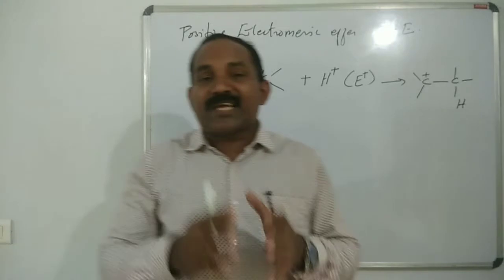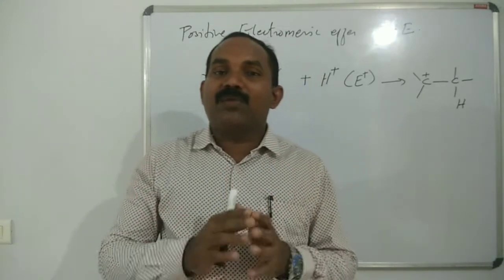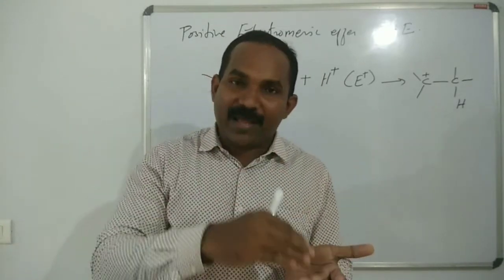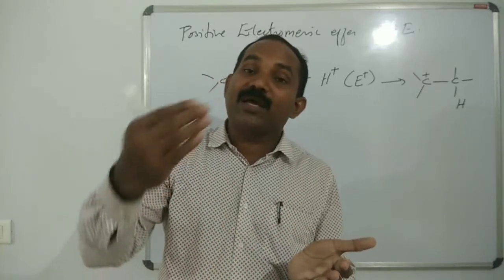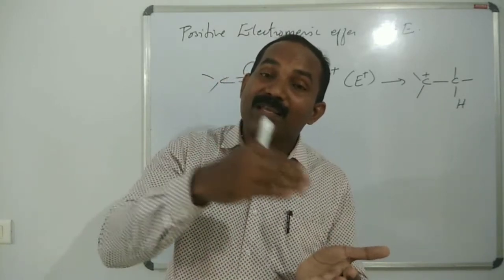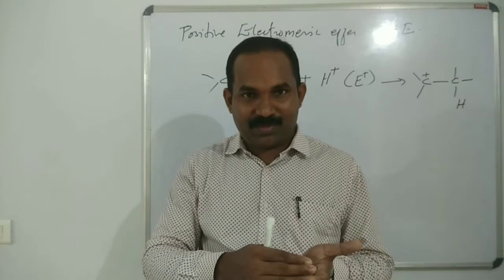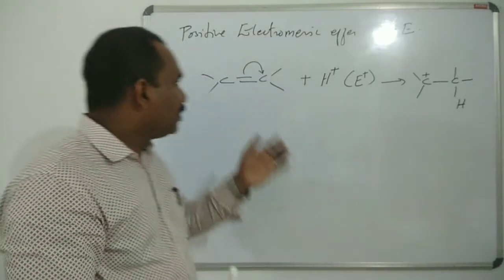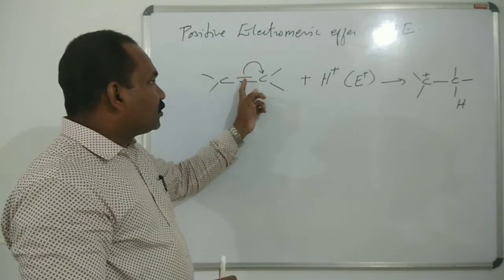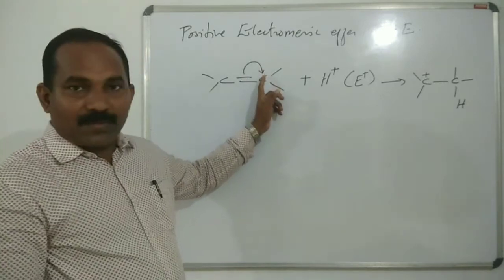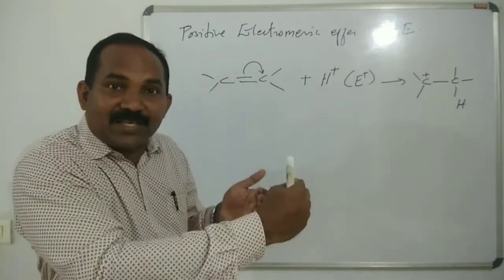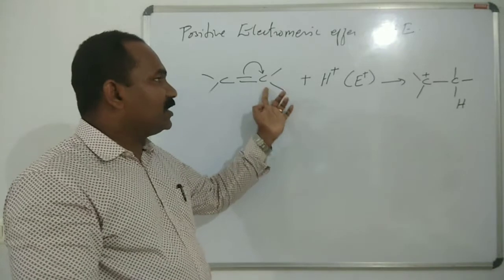The shared electron in a multiple bond is shifted to one of the atoms. To that atom, the incoming or the attacking reagent is attached. Okay, so here this electron shift, electron shift, attacking reagent attached.